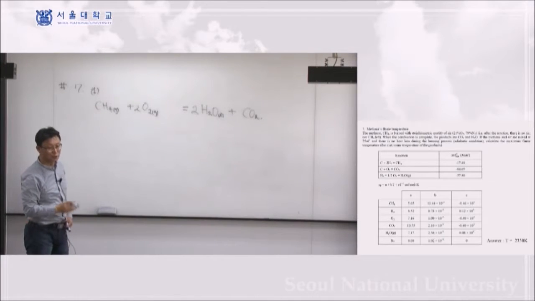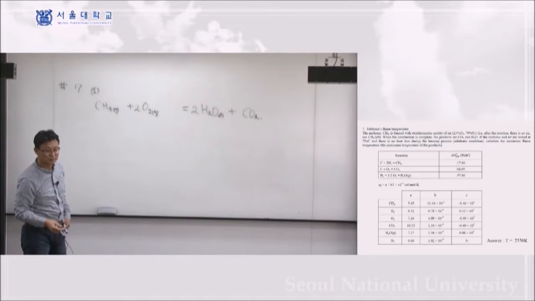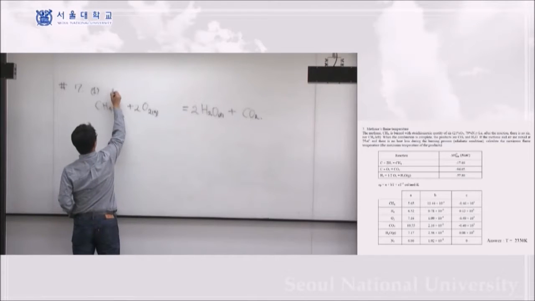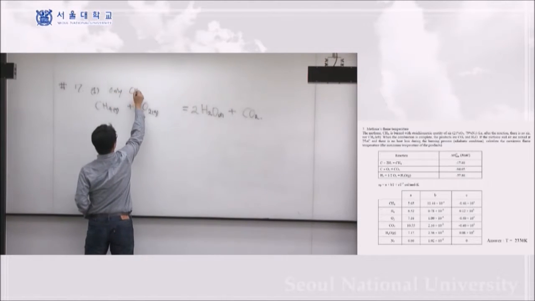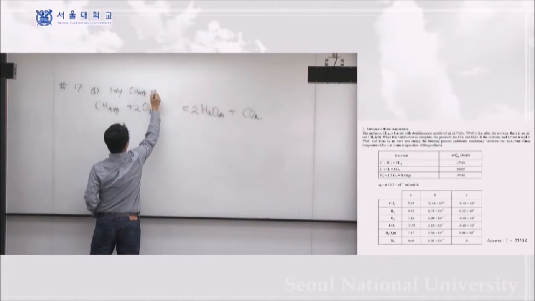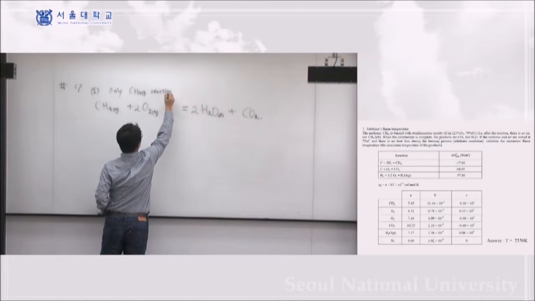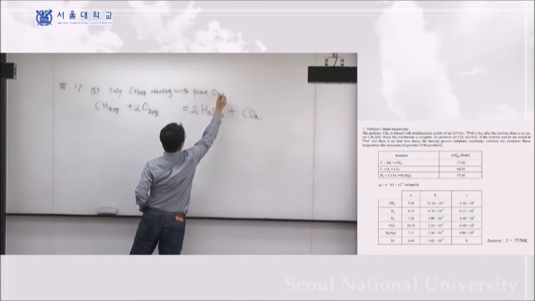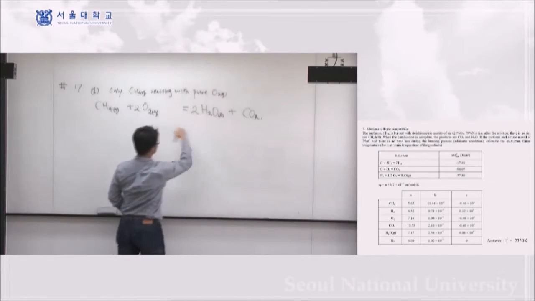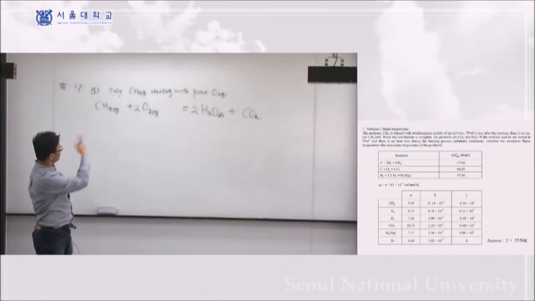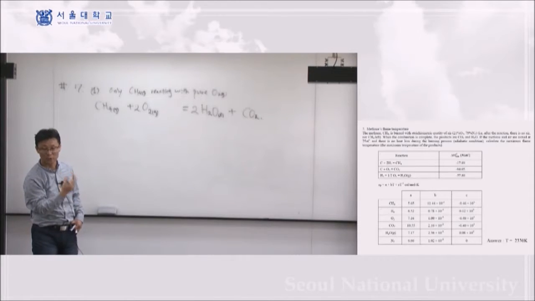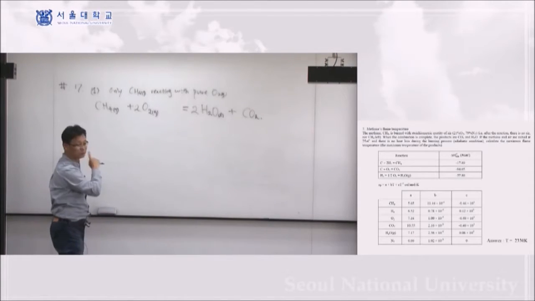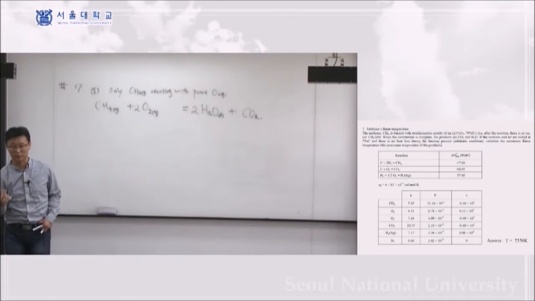Let's assume there is only methane gas and pure O2 gas. Then we can set up the chemical reaction in this way, with the stoichiometric amount of O2 gas. If I have 1 mole of CH4, I need 2 moles of oxygen to react together.